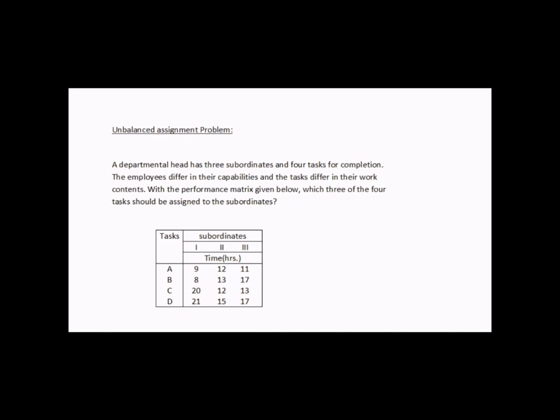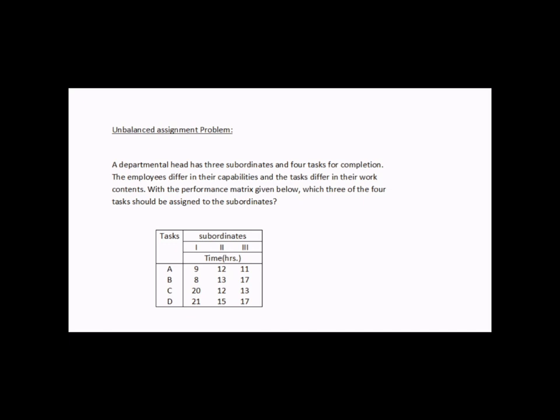Unbalanced problems occur when the number of machines is either more than the number of jobs, which would mean that some of the machines may remain idle, or the number of jobs is more than the number of machines, which would mean that some of the jobs would not get allocated.